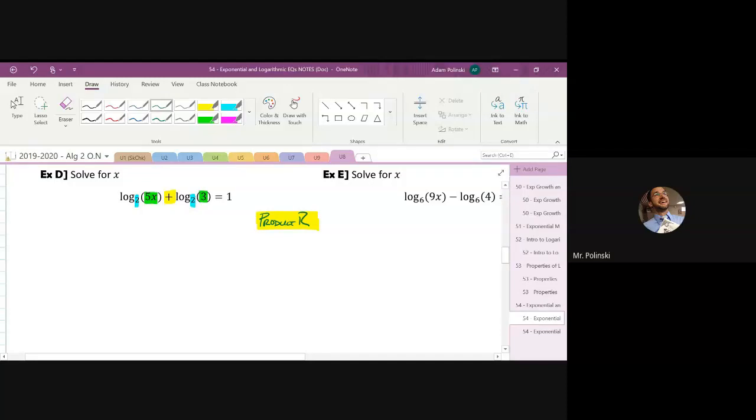We can condense this into a single logarithm: log base 2 of, multiplying the arguments together, 5x times 3. And it's still equal to 1 from the other side.